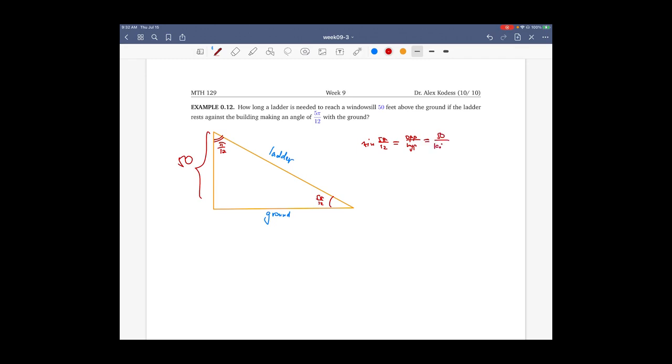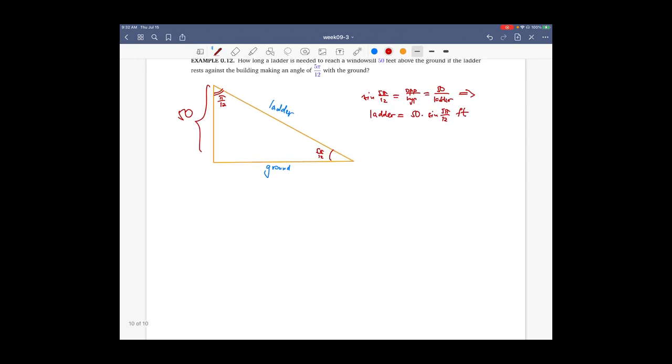Hypotenuse is our ladder. So from here it follows that the ladder needs to be 50 times sine 5 pi over 12 long, this many feet long. And as of now, we don't have the machinery to compute sine of 5 pi over 12.